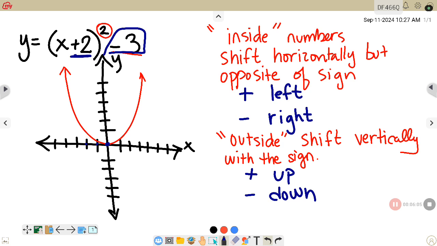So after we shift left 2, then we are going to shift down 3, which just moves that parabola to the left 2 and down 3. These shifting rules work for all of your basic shapes.